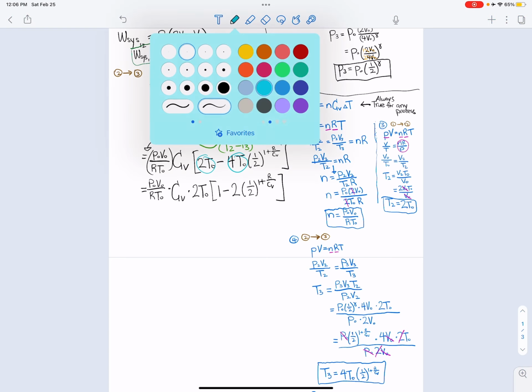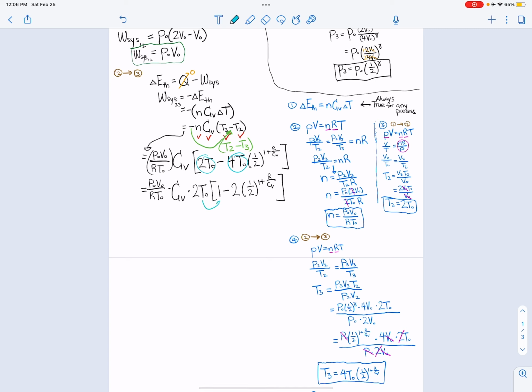Again, I just have to multiply this to both terms, and then I would end up with these guys again. So I just factored 2 T naught out of this guy.